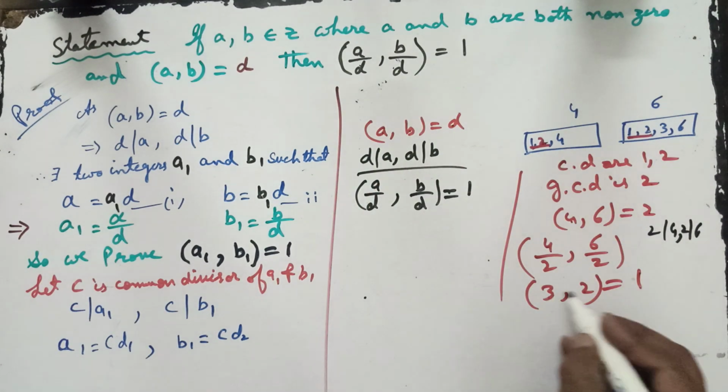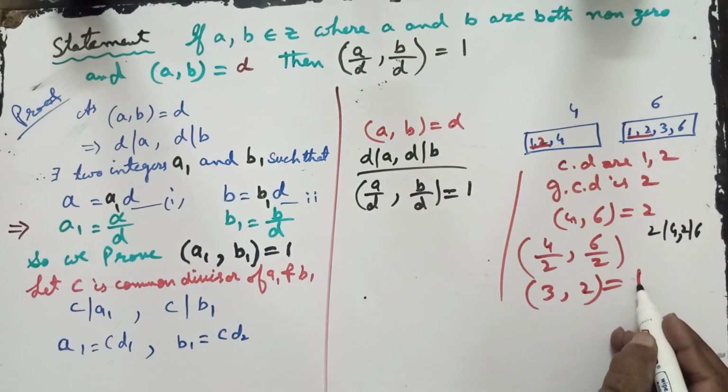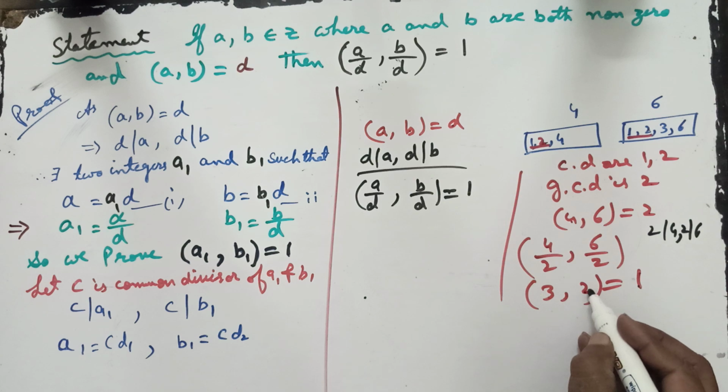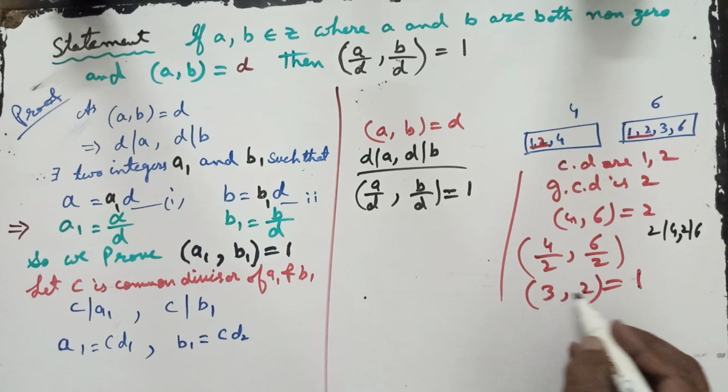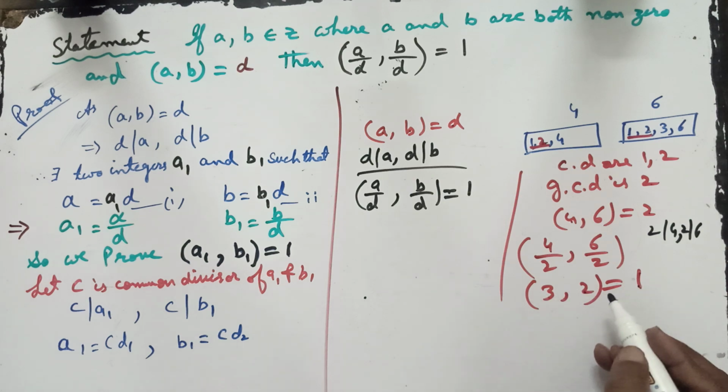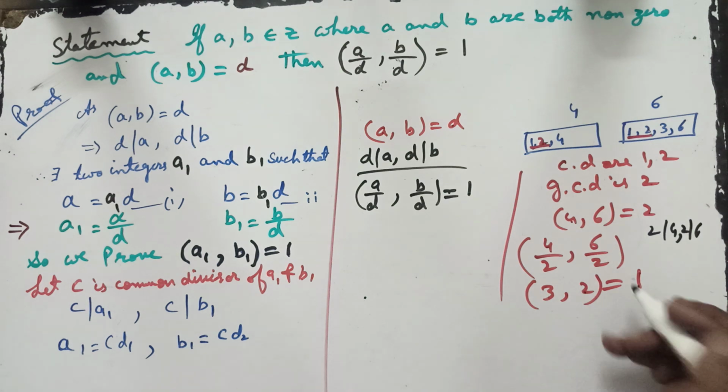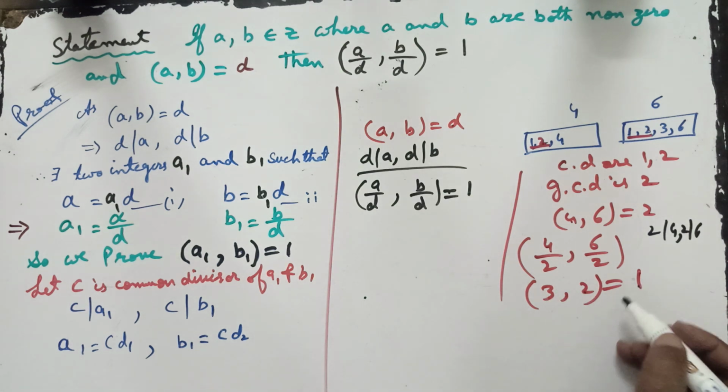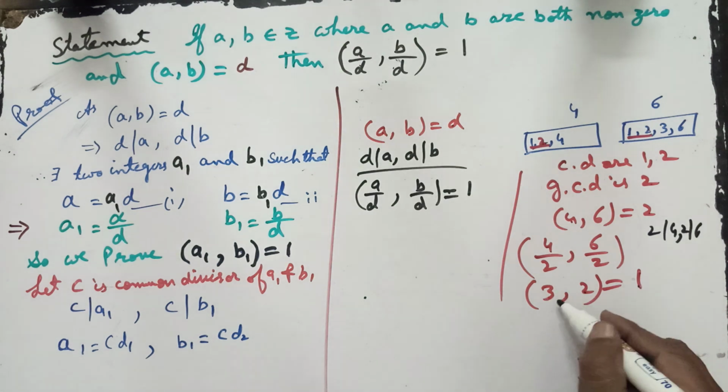Numbers are called relatively prime when their GCD is 1, that is, they have no common divisor greater than 1.